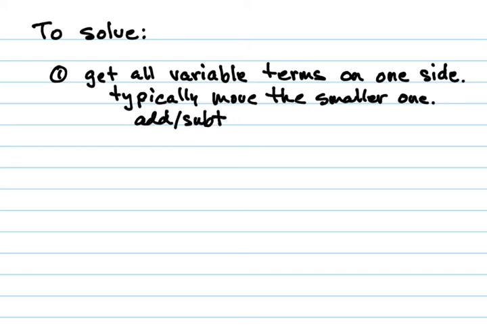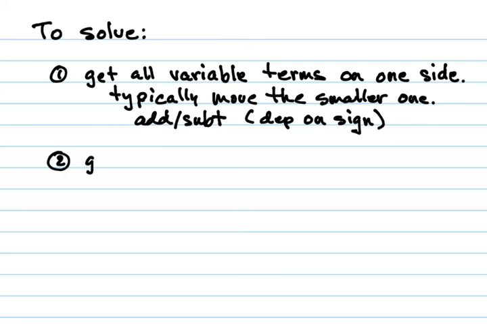Because remember that terms are separated from each other with pluses and minuses. So you're going to remove them with pluses or minuses. And that all depends on the sign. If the term is negative, then to move a negative, you would add. If the term is positive, to move a positive, you would subtract. Okay? And again, it doesn't matter which side the variable terms go.